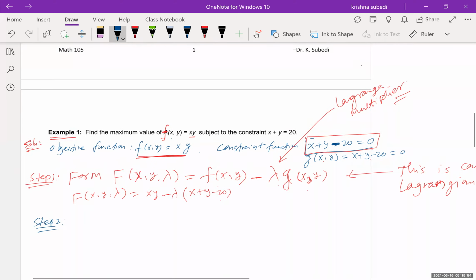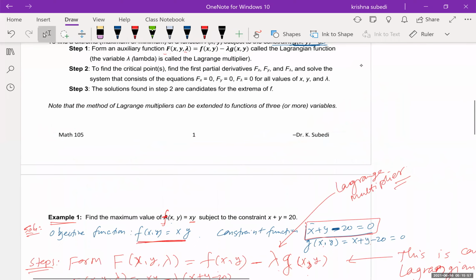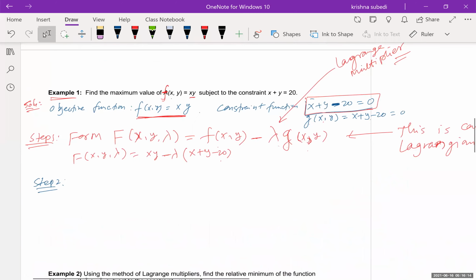Step 2. In step 2, our goal is to find the critical points. To find the critical points, find the first partial derivatives and solve the system, where the first derivatives equal to 0 give us the critical numbers.